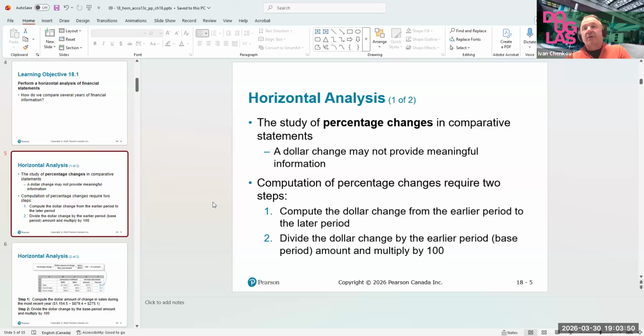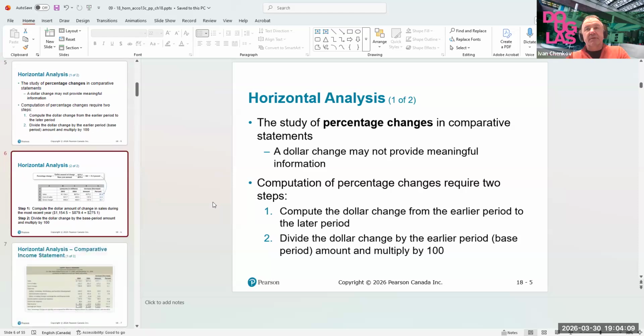Again, we're going to do percentage changes. We can do the differences between 1 year and another, but we're always going to try to express it as a percentage. Computing the percentages, we compute the dollar changes from the earlier period to the later period. We choose 1 year as a base year, then we start doing the comparison.